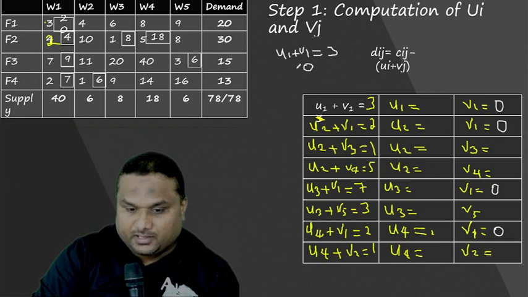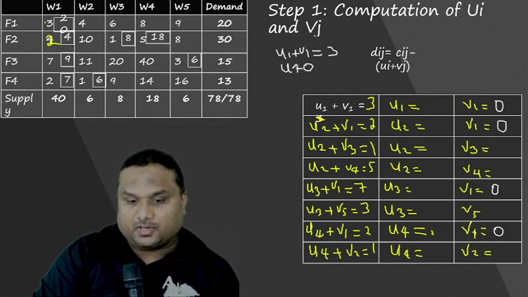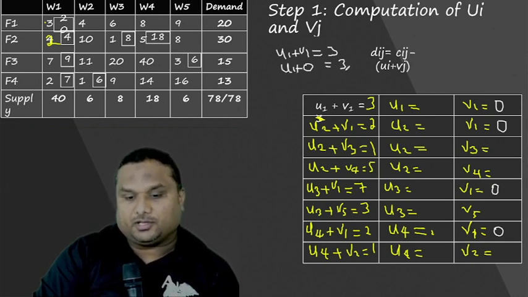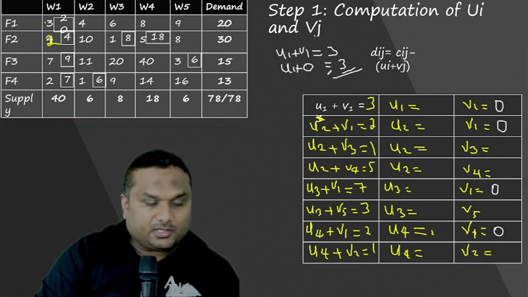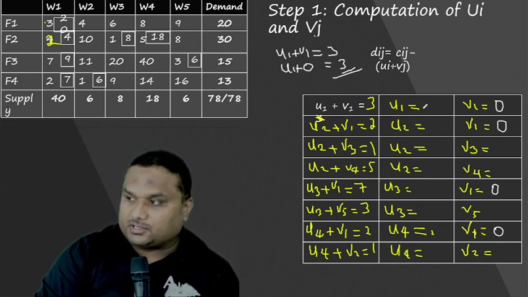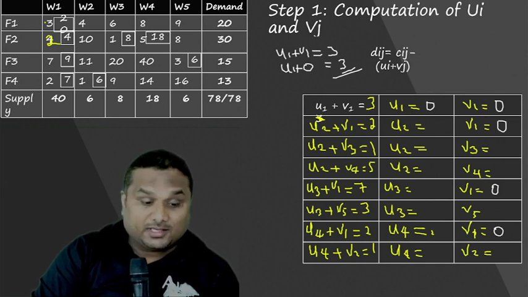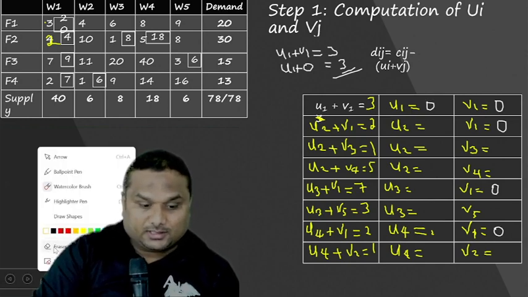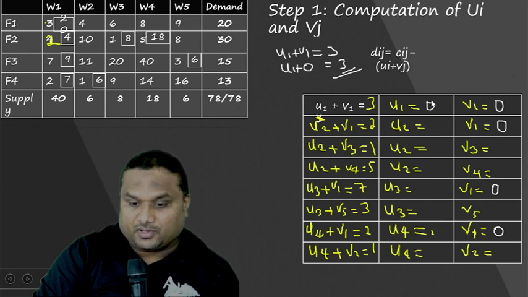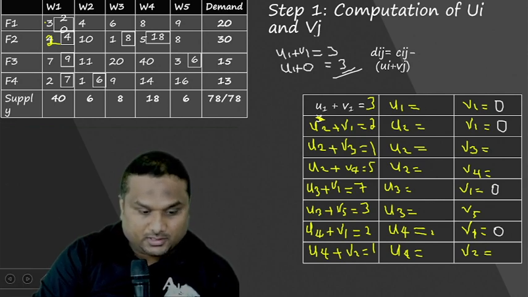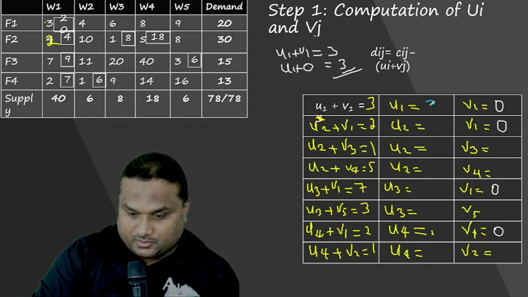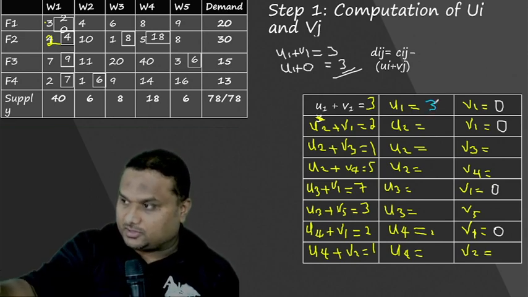Then U1 plus 0 equal to 3. Simply, what is the meaning? U1 is equal to 3. We got U1 equal to 3.